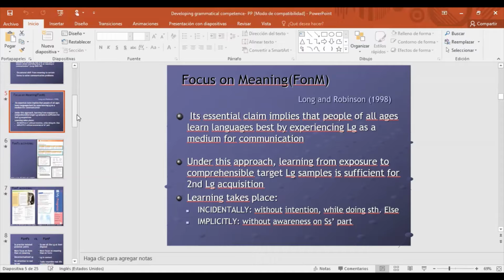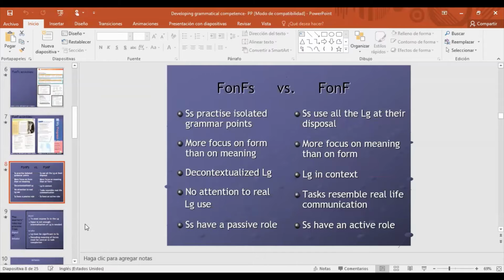That is, students being exposed and getting a lot of input in the target language, with the idea that getting that input is enough for students to be able to understand, store, and then retrieve the language later on. Then we compared these two different approaches, the one with a focus on forms and with a focus on form, and you get the main points here.